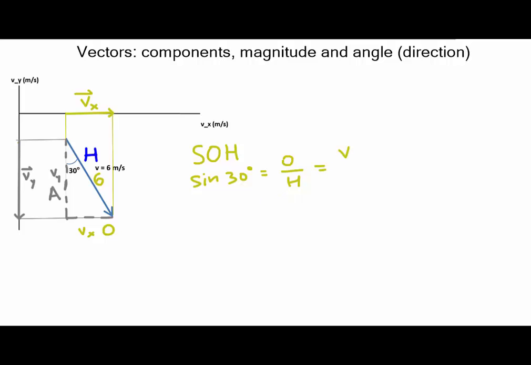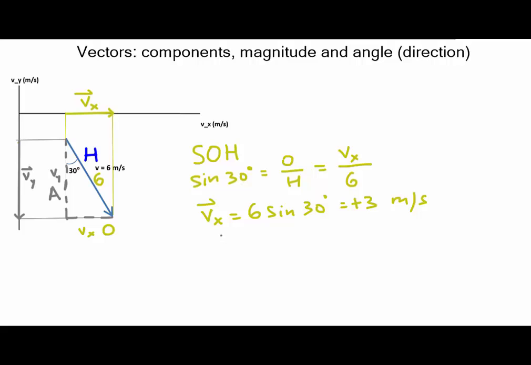And the opposite is nothing but Vx. The hypotenuse is 6 meters per second. So now if I multiply both sides by 6, I get Vx equals 6 times sine of 30 degrees, which in your calculator will give you 3, and the unit is meters per second. So that's the magnitude, and since we know that the direction points to the right, we can complete this as a vector by showing the direction as a positive along the x-axis.